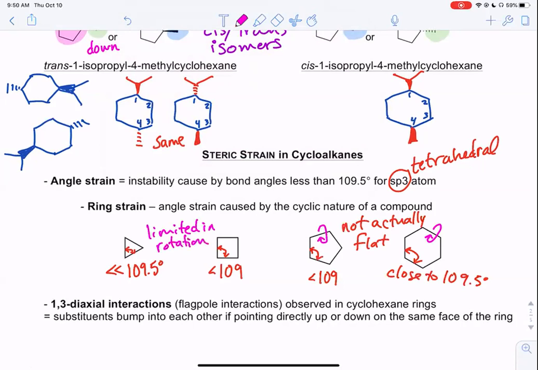So these are actually pretty close to flat. These have what we call ring strain. They're very unstable. Anytime you see a 3-membered or a 4-membered ring, these tend to be pretty unstable.